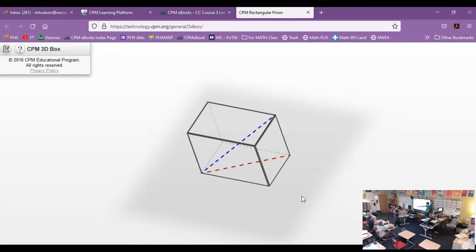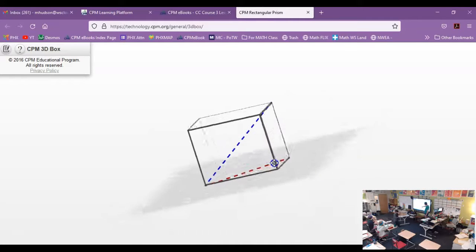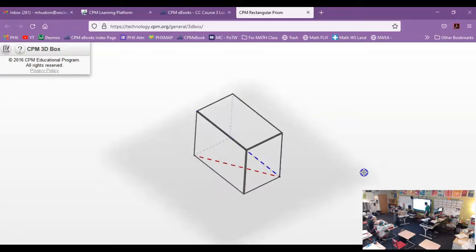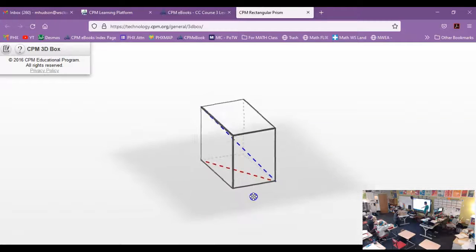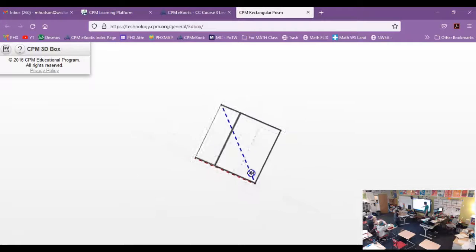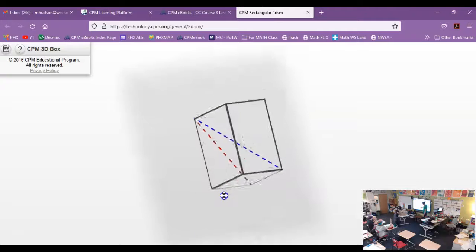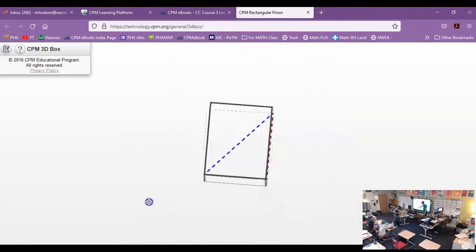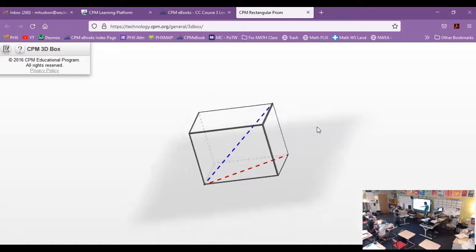So that's why I made this model for you, so you can come up, look at it, and reason your way through. This didn't exist last year. CPM made this probably because they realized this is really hard to visualize. So I'm trying to find a 3-dimensional hypotenuse, which is essentially what we're doing. I have to first find the shadow of it, and then work from there.